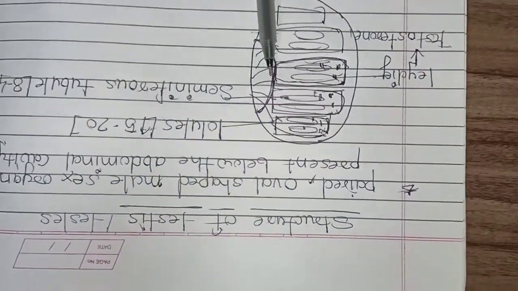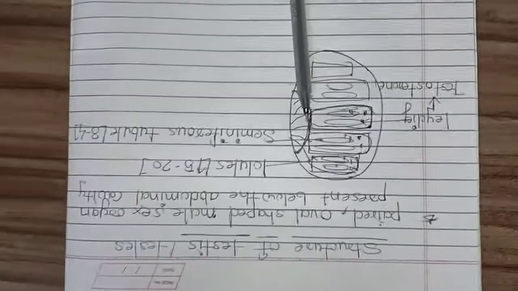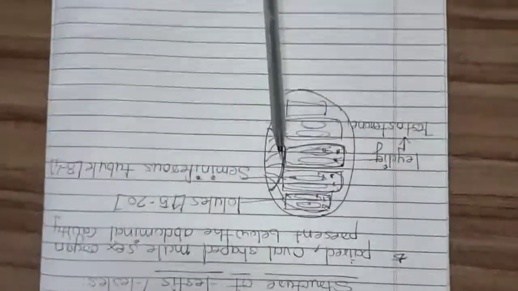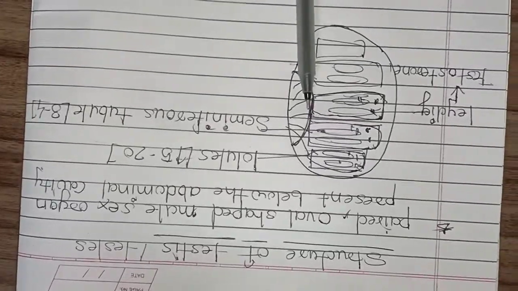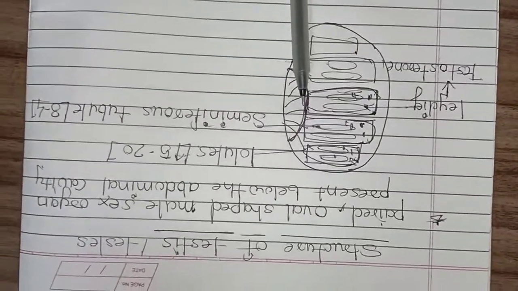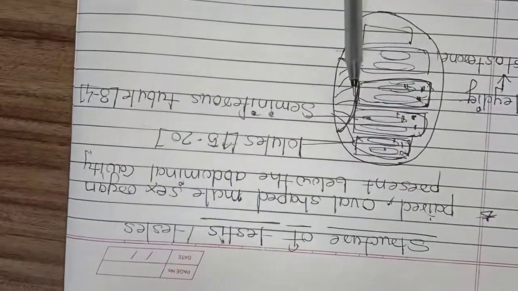Okay, means these are getting down from the abdominal cavity. Till then they are in the abdominal cavity, and whenever the child is taking birth, they come down immediately, out of the abdominal cavity. Why it is out of the abdominal cavity, that also we will see.